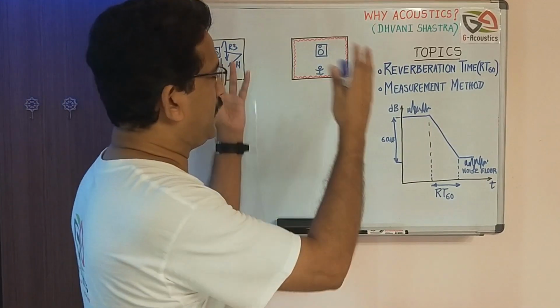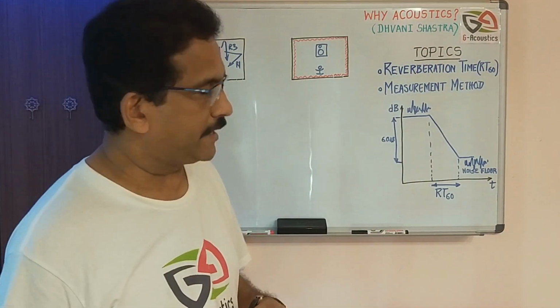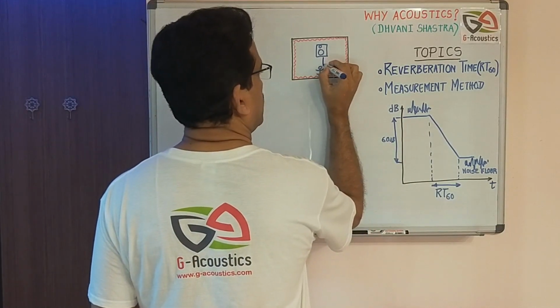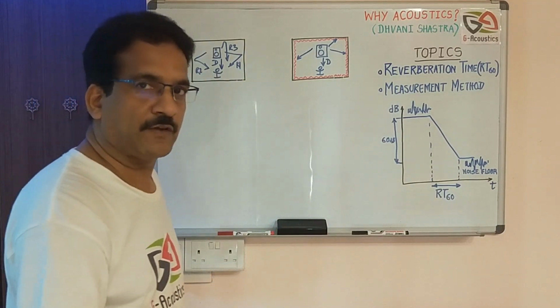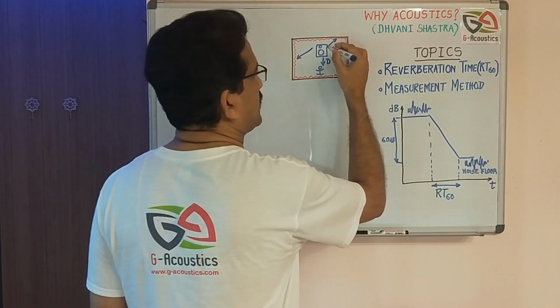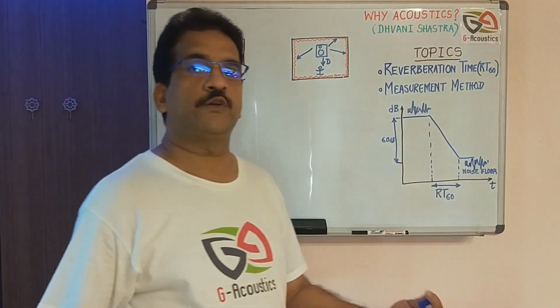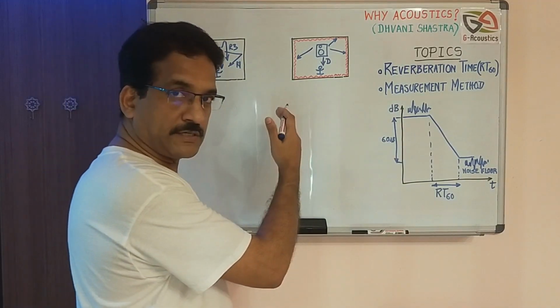Now most of the sound you listen to is only the direct sound. There won't be any reflection, or only very minimal reflections, because whichever sound bounces onto the wall or ceiling gets absorbed.